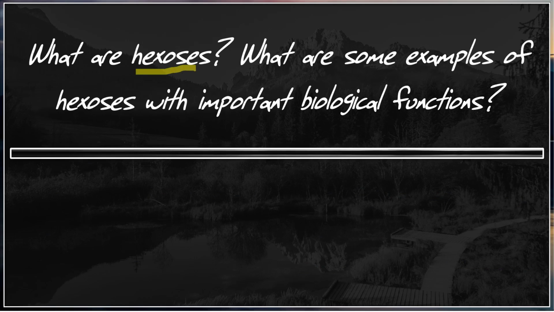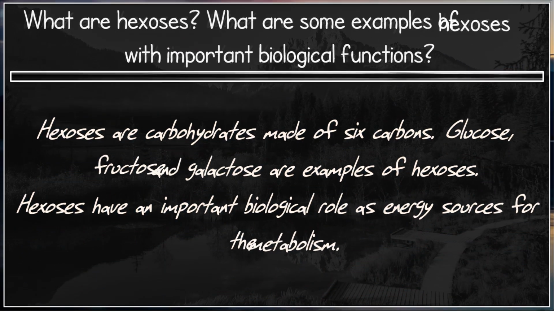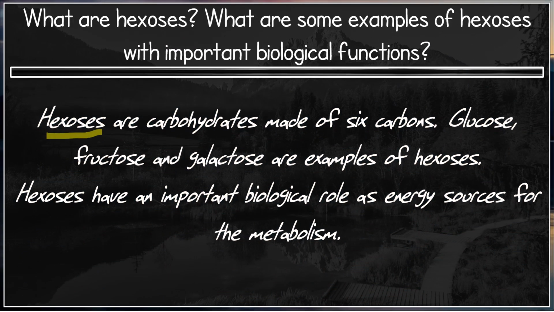What are hexoses? What are some examples of hexoses with important biological functions? Hexoses are carbohydrates made up of 6 carbons.